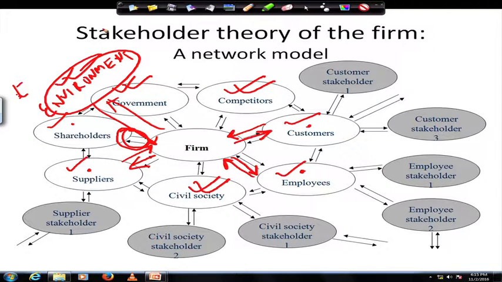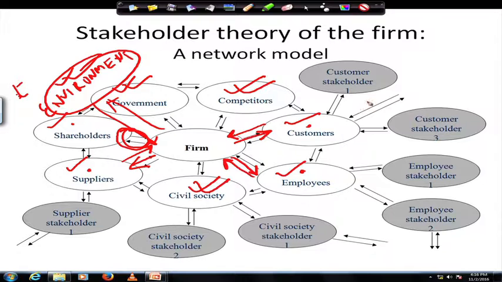In this particular network model that we are discussing over here, what is written in gray color over here, in the network model, we recognize the direct stakeholders who are connected to us, and also their stakeholders first.